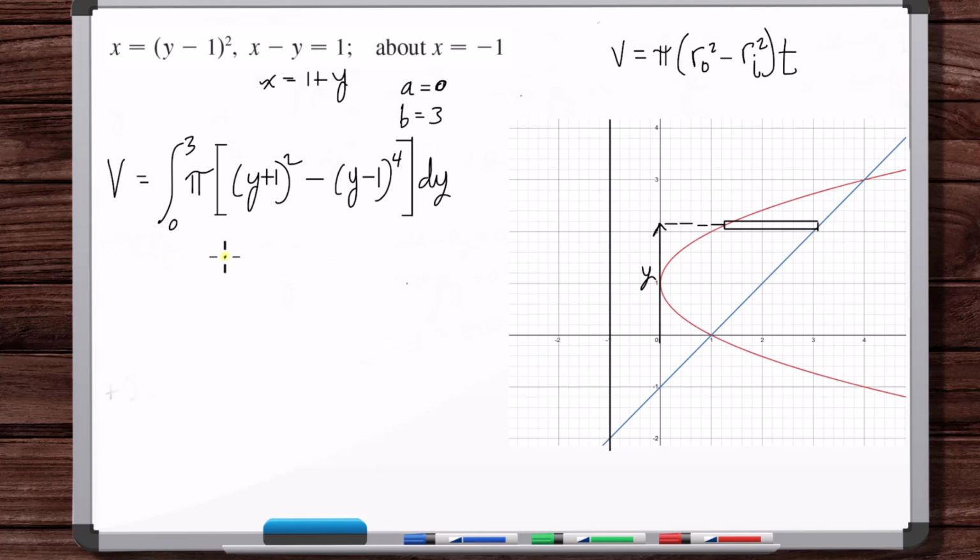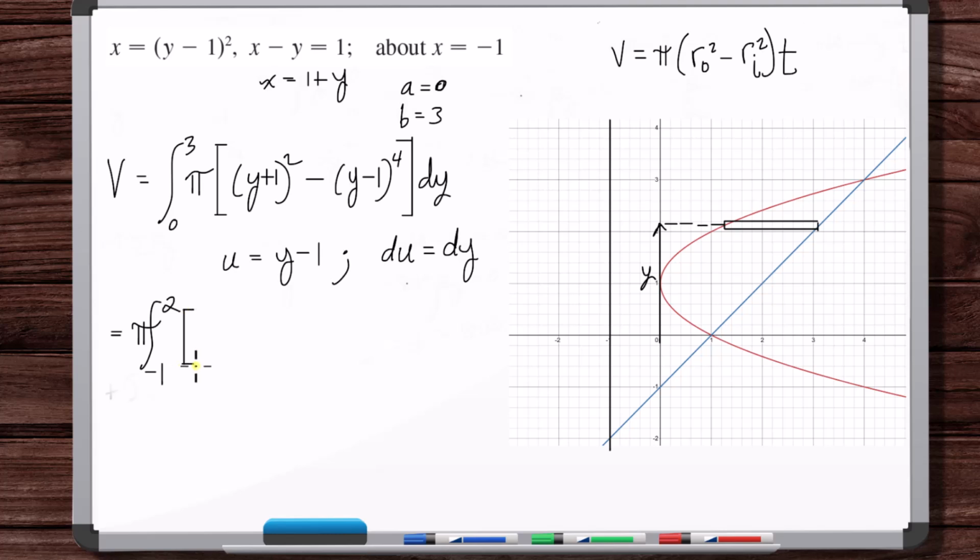So let's see what happens if we make u equal to y minus 1. Then du is equal to dy. Let's see, this could work. When y is equal to 0, u is equal to minus 1. When y is equal to 3, u is equal to 2. We can bring this pi out.